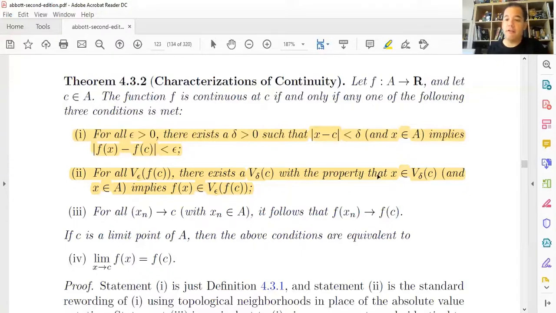This, in other words, means if x is close to c, how close? Delta. Then f of x is close to f of c, how close? Epsilon.